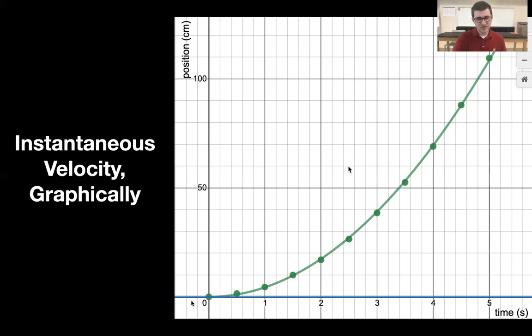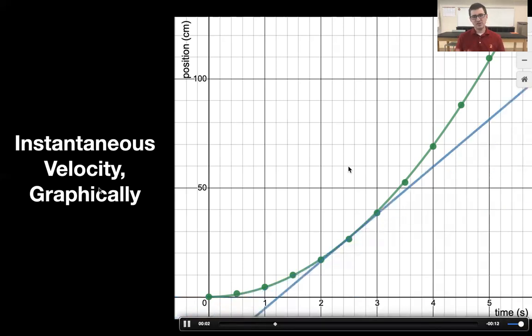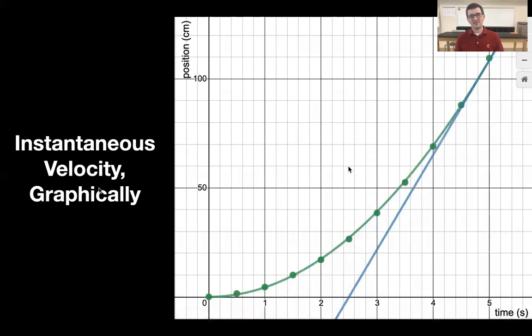So you can see here the tangent line at 0 seconds is this blue line. And I have animated the graph to show the tangent line every half a second. So you can see the tangent line at 2, at 3, at 4, and at 5 seconds.